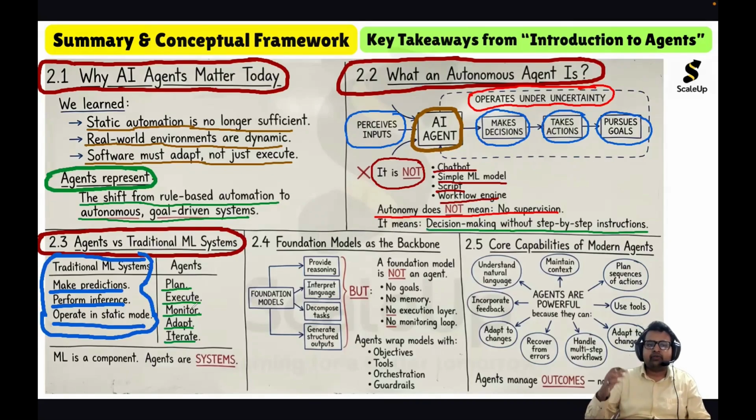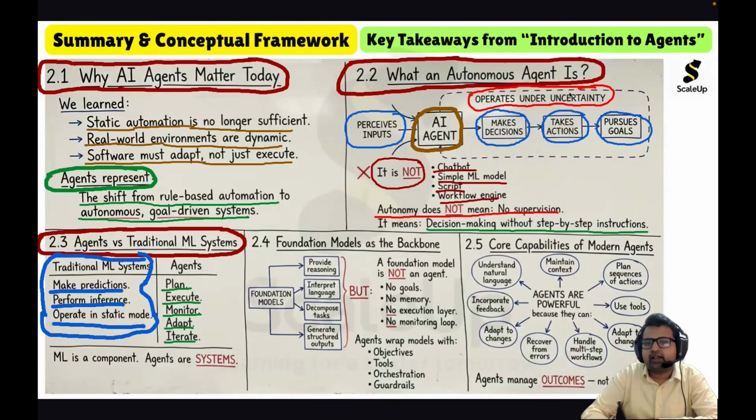Agents are dynamic in that sense that they will keep on working until the goal is achieved, and they will keep on changing their strategies. Like initially they will make a plan, they will execute, and they will monitor. If they feel like the outcomes are not satisfactory, they can revise the plan. They'll keep on doing this iteration.